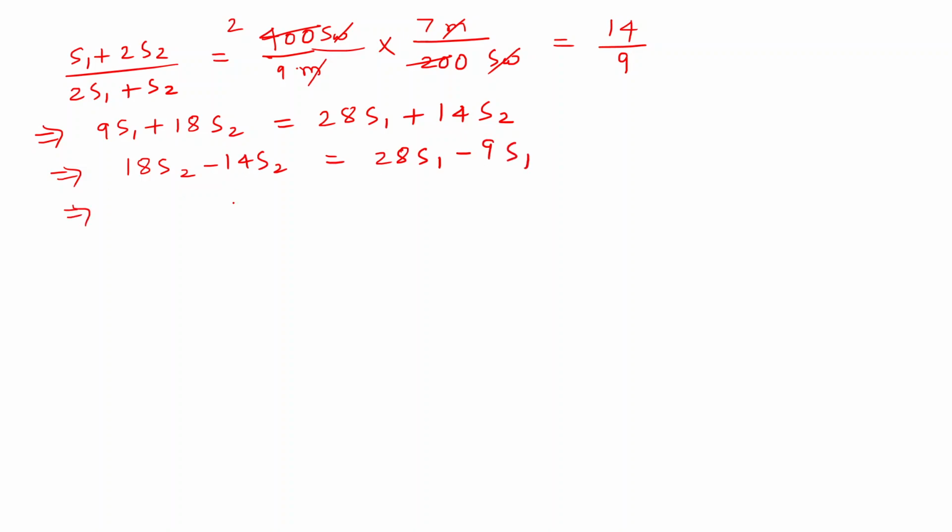This will be 4S2 is equal to 28 minus 9 means 19S1. So I can get S1 by S2 will be 4 by 19.